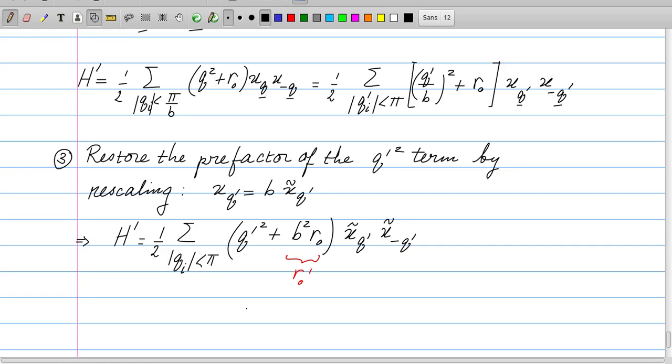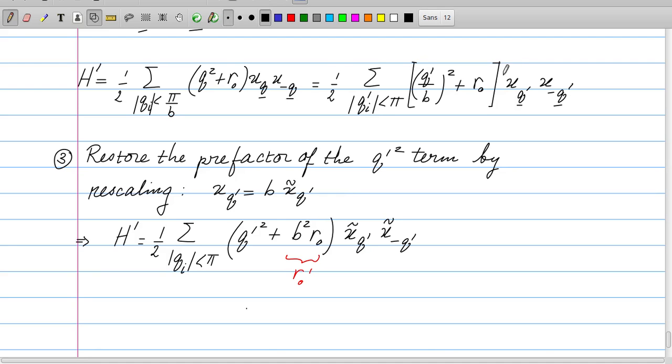That is realized in step 3, which consists of restoring the q primed term prefactor, which is 1/2, by rescaling. So we introduce a new integration variable, x tilde q, which is related to the xq in the following way. The xq primed is now b times x tilde q primed.